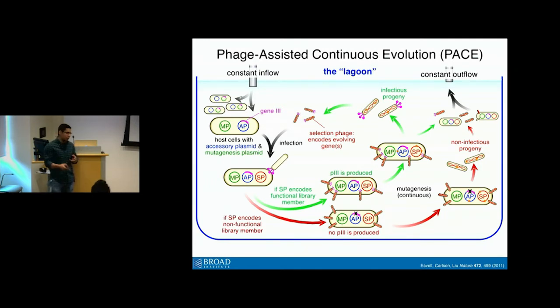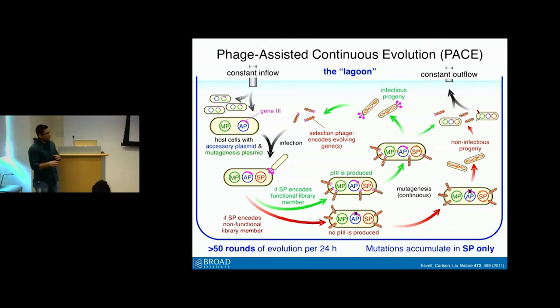And so we can regulate it such that the rate of outflow of everything here, cells and bacteriophage, is faster than the rate of replication of the bacterium, but slower than the rate of replication of the bacteriophage, the virus. And in doing so, any mutations that accumulate in the cells are lost, and only mutations that accumulate in functional members of the evolving gene of interest are retained in the system.